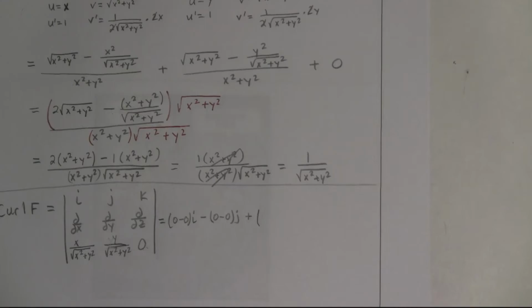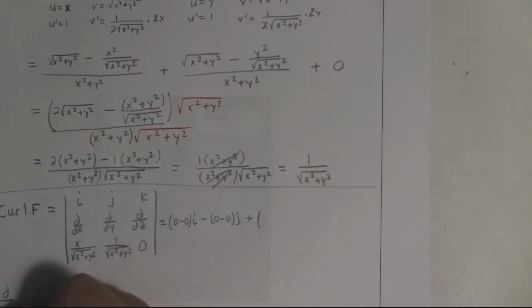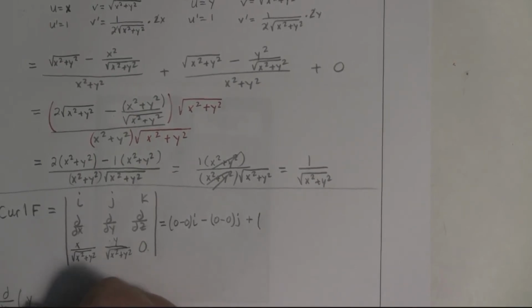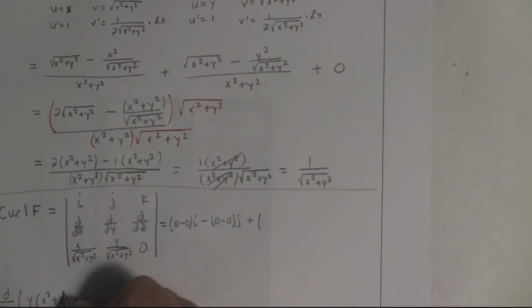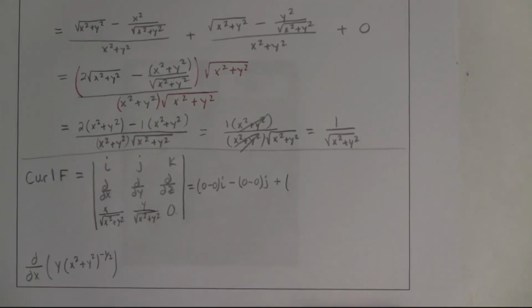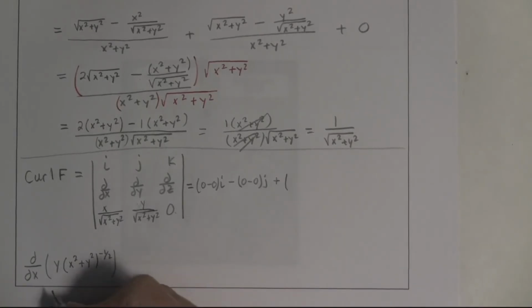So it's essentially just the same as having 1 in the numerator there, because I'm taking the partial. So if you wanted to rewrite that, this is what I'm trying to take the partial of, and you could rewrite this as y times x squared plus y squared to the negative 1/2, like that, if you liked, so that the y would hold still. Maybe I will just write that right here, because that'll be nice. That's nicer than the other 10 times I did it.